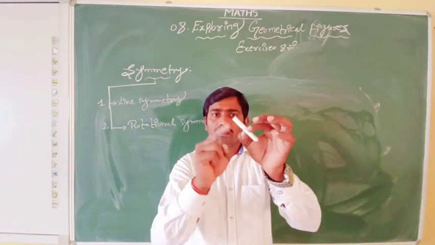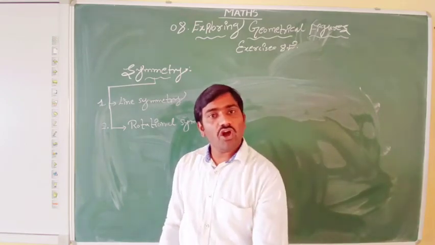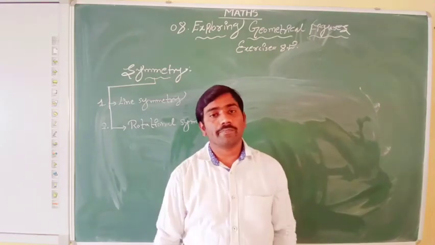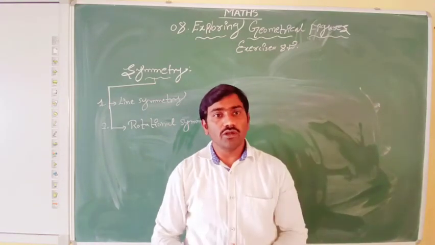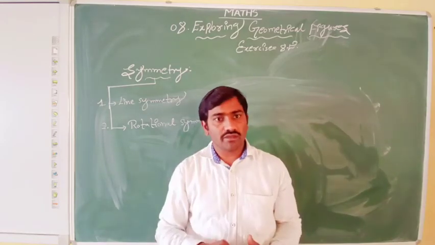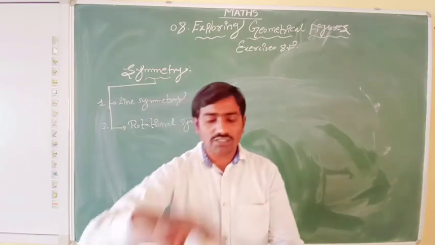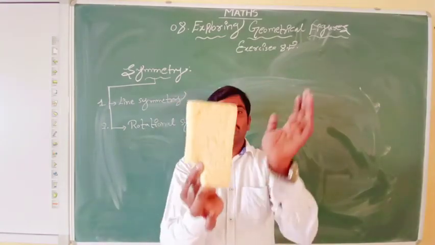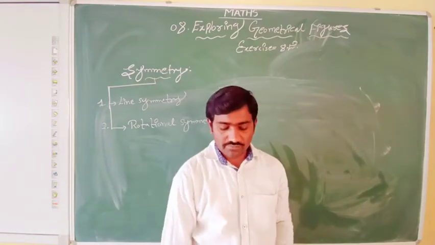Every object can be rotated, but every object cannot be called a rotational symmetry. Need to understand, everything can be rotated through 360 degrees. If you rotate an object, if you rotate a duster, it comes into the rest position after completing the 360 degrees.